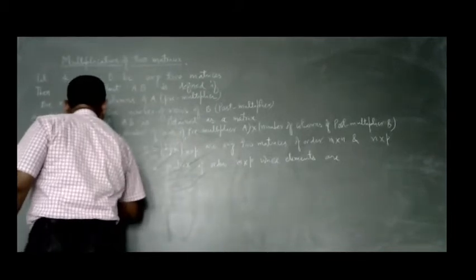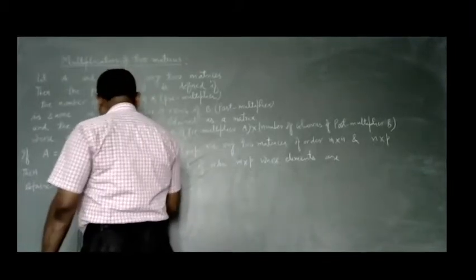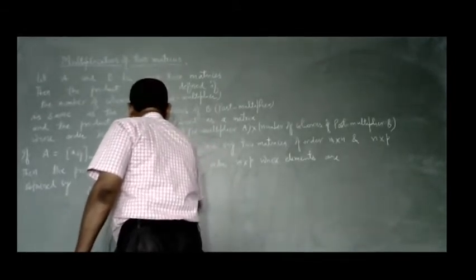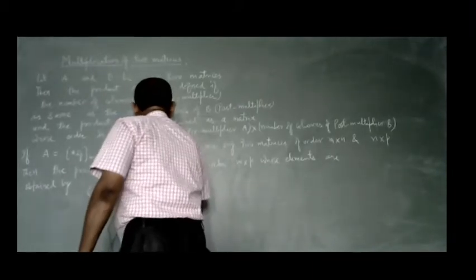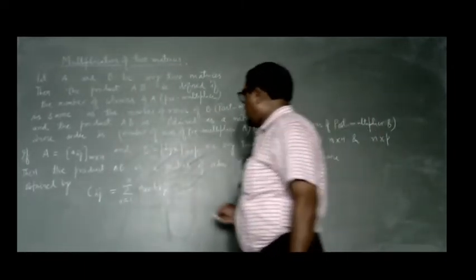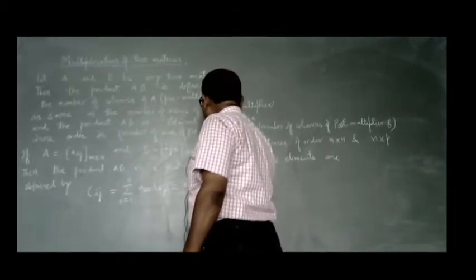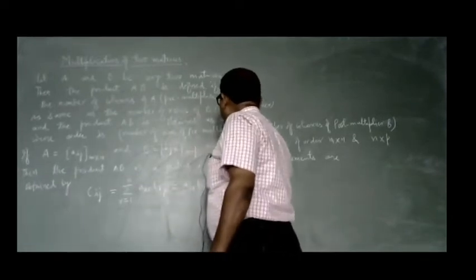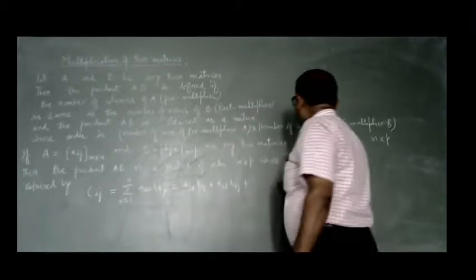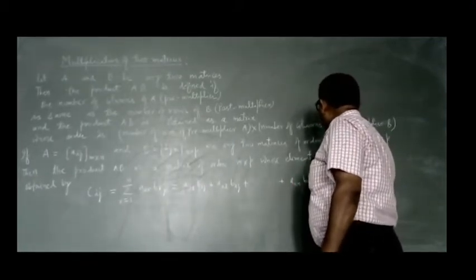Cij is equal to sigma r equal to 1 to n of a_ir b_rj, meaning thereby it is a_i1 into b_1j plus a_i2 into b_2j and so on, up to a_in into b_nj.